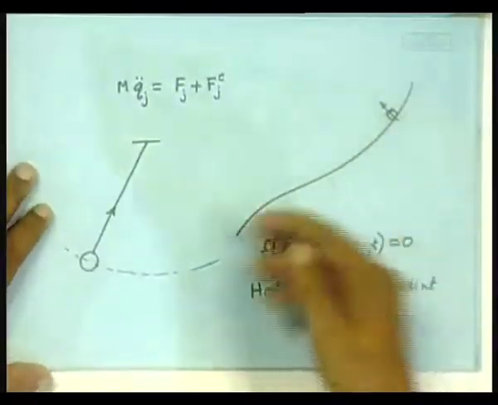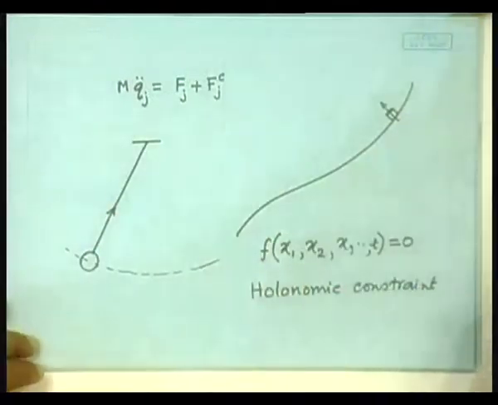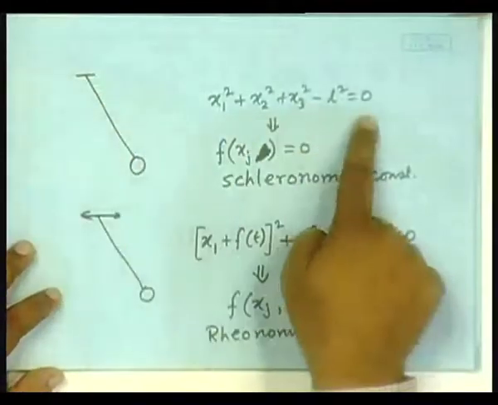But if there is one holonomic constraint, then the system dimension reduces by 1. If there are 2 holonomic constraints, the system dimension reduces by 2. If there are 3 holonomic constraints, so it goes on reducing. Imagine here you have the equation as this, right?